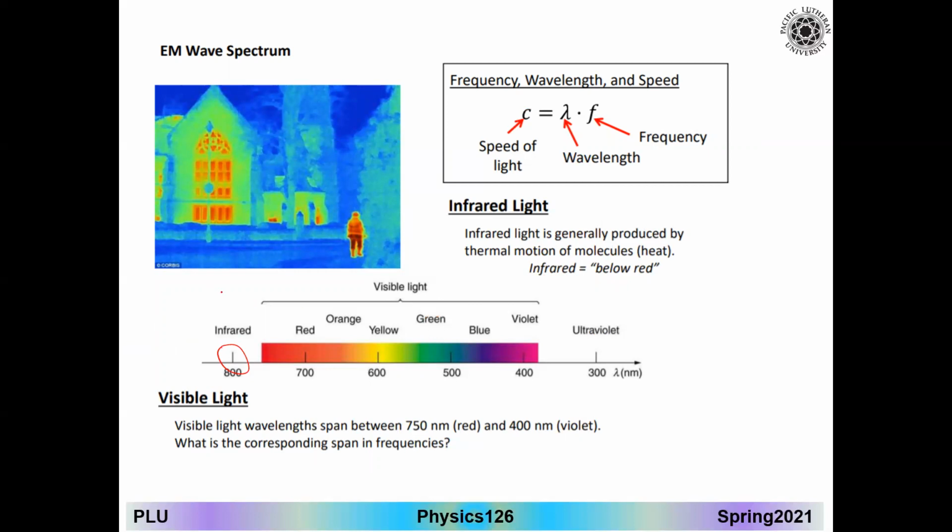Another one is what we call visible light. Visible light ranges from 750 nanometers for red to 400 nanometers for violet.